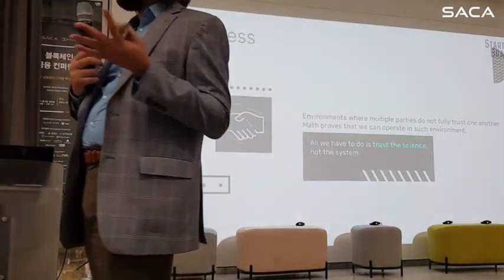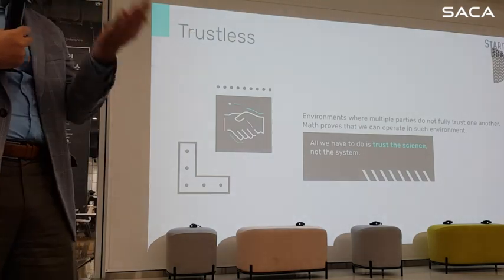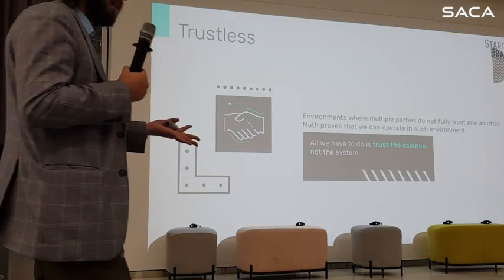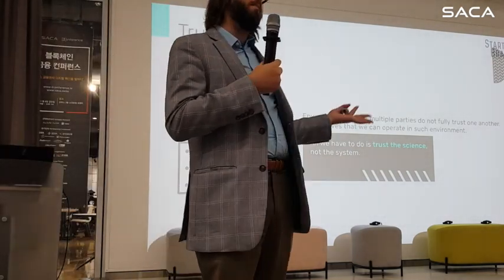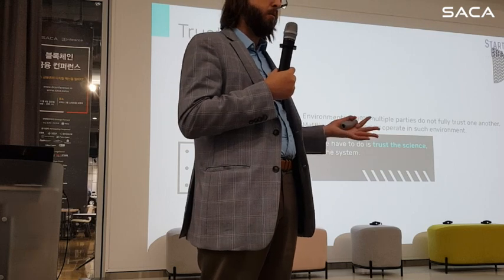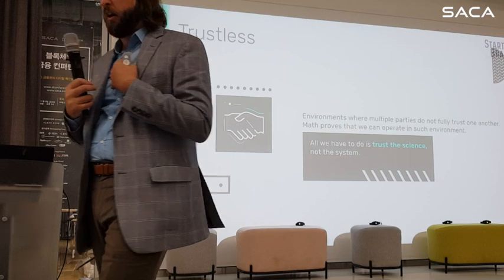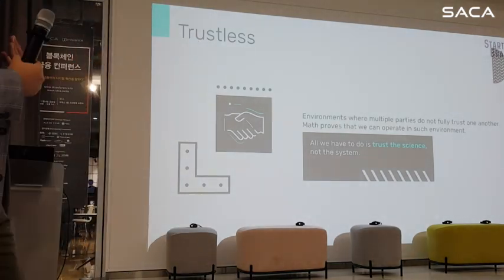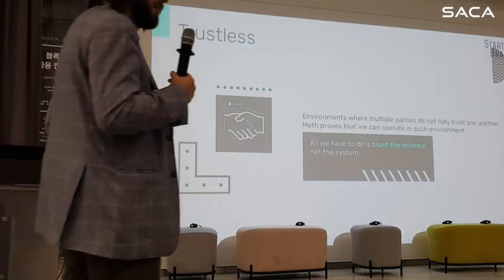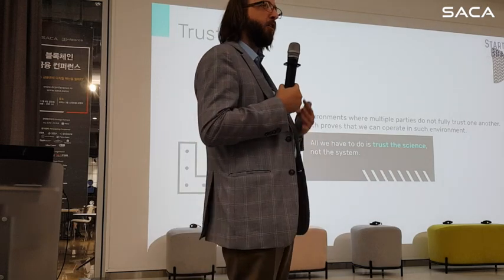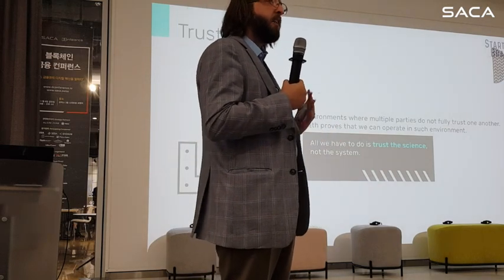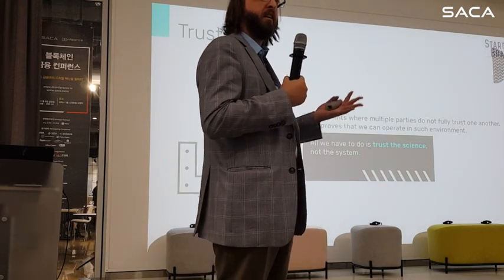So really, with these trustless systems, what do we want to say? You don't necessarily need to know all of the details. If you can trust the math or trust the science, well, then we're good to go. And that's what we really try to do, at least with the project that we work on with Aleph Zero: we want to formalize all the mathematics, all the provable security, so that you don't have to worry about these issues.